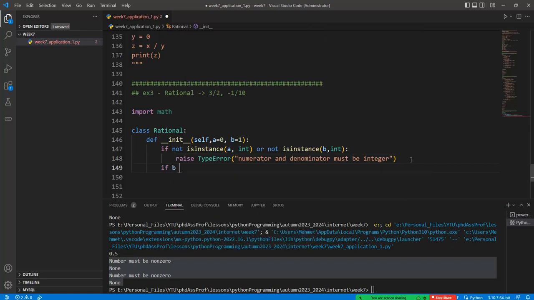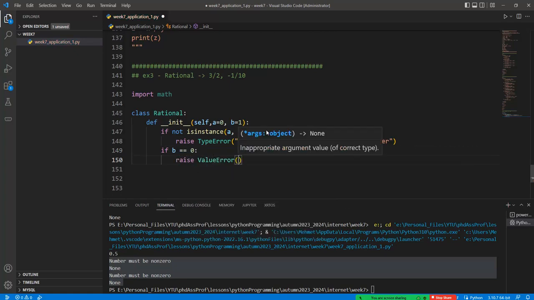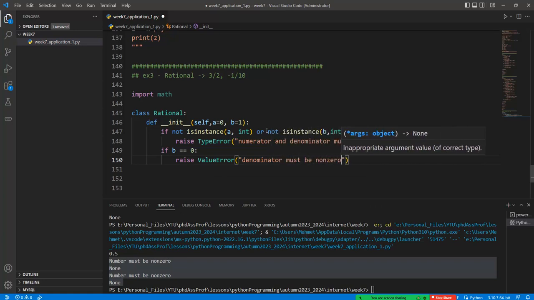But otherwise, if b is equal to 0, for example 3 divided by 2 becomes 3 divided by 0, this produces infinity values. And so this is a ValueError: denominator must be non-zero.